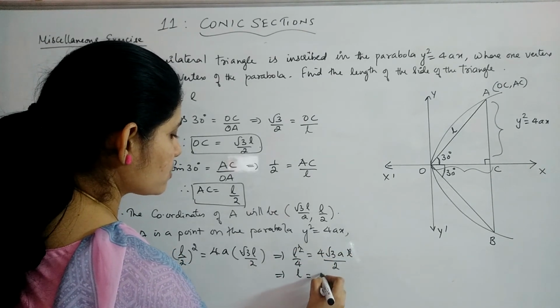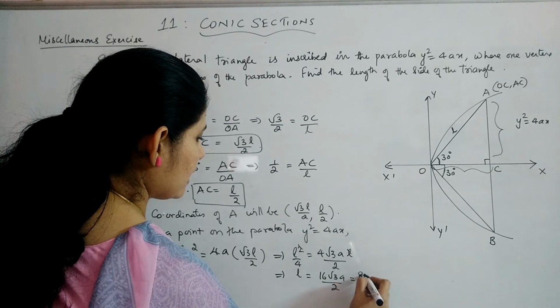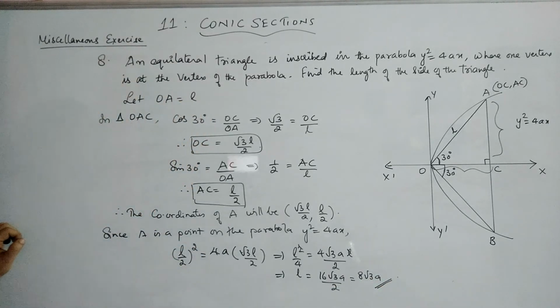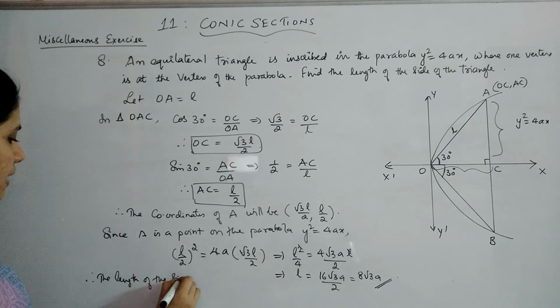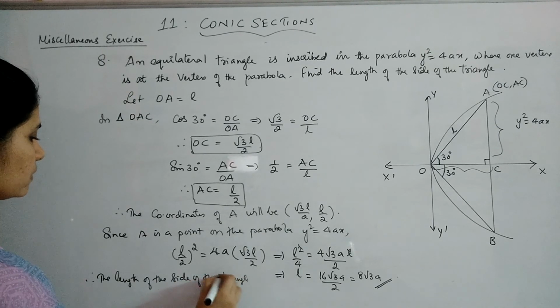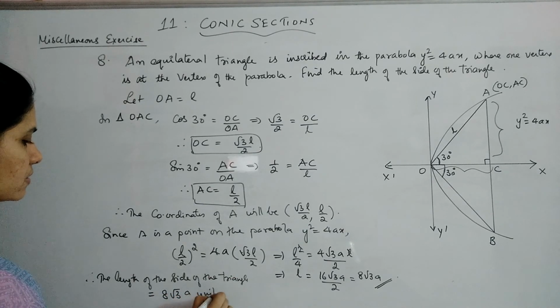L is equal to 16 root 3a by 2, or 8 root 3a. Therefore, the length of the side of the triangle is equal to 8 root 3a units.